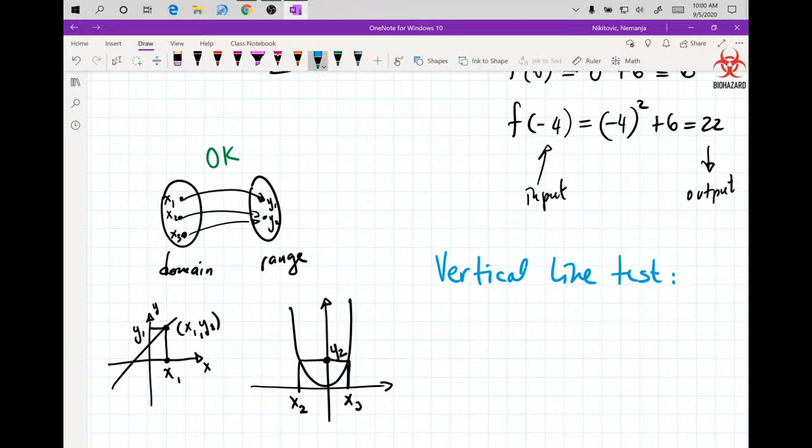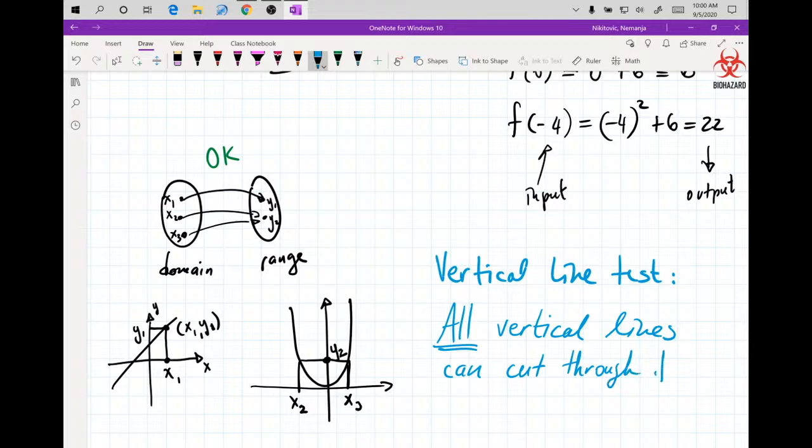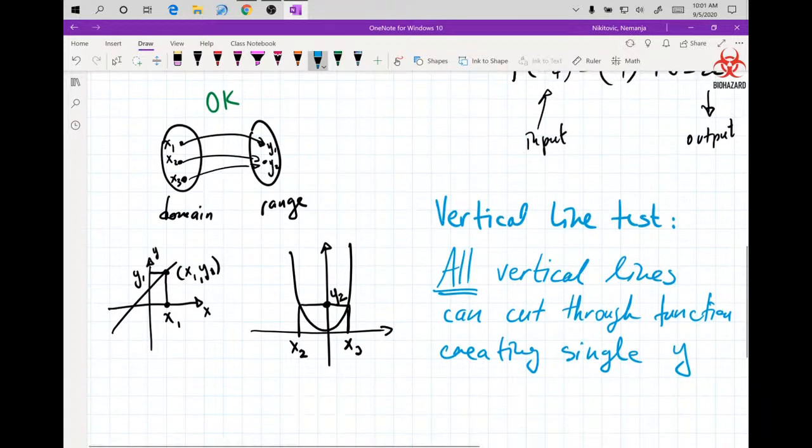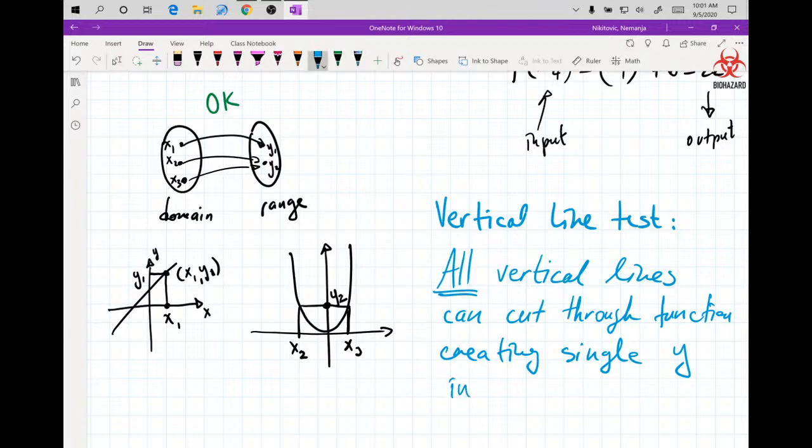Vertical line test: all vertical lines can cut through a function creating a single y-intercept.